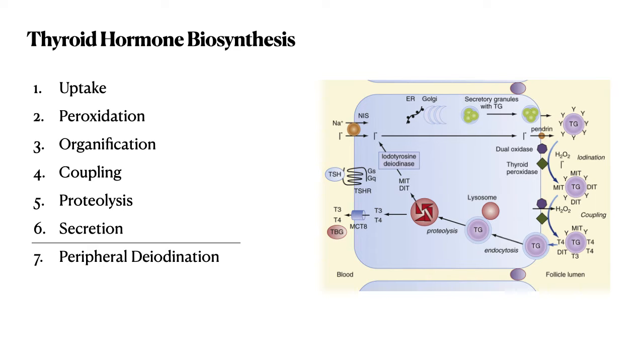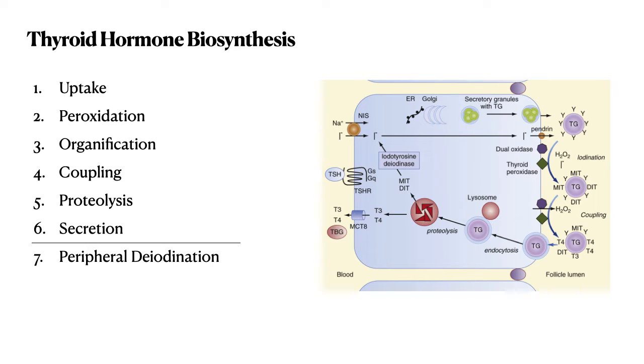So there is this final step which occurs in the blood vessel and in the peripheral tissues, called peripheral deiodination, where you remove an iodine molecule from T4 and convert it into T3.